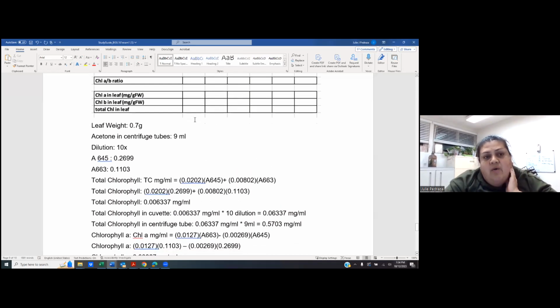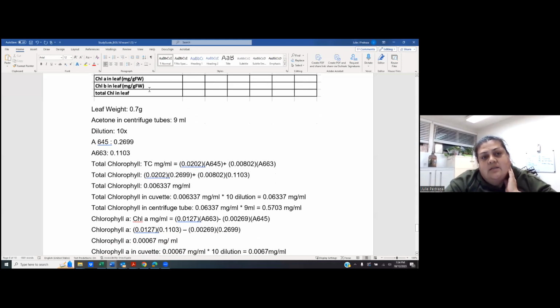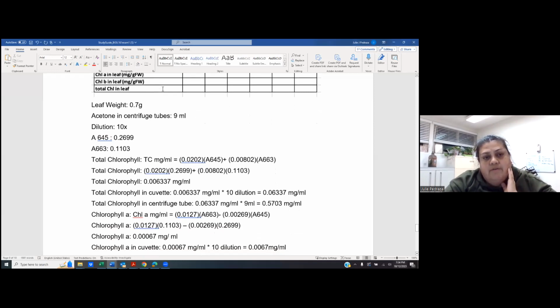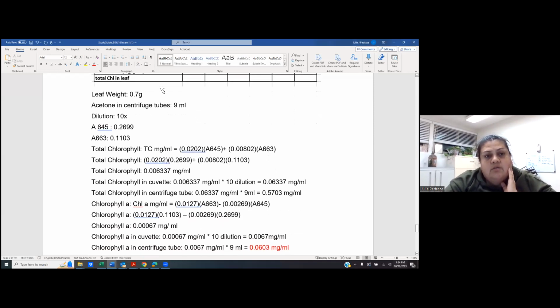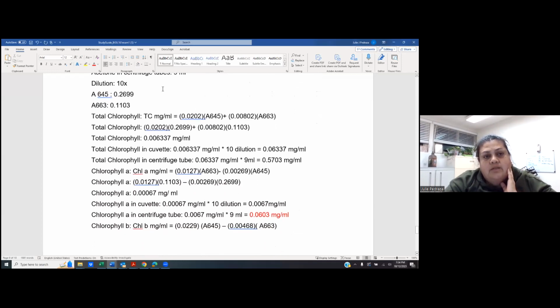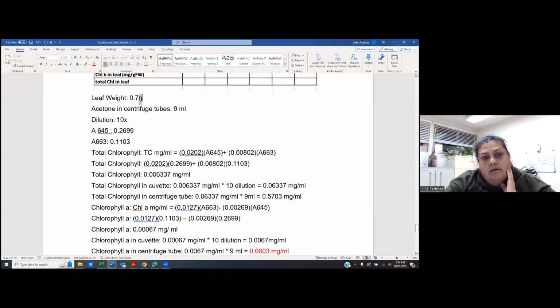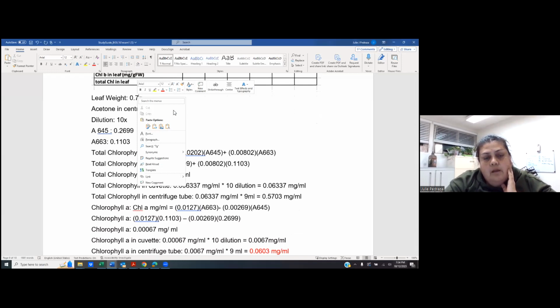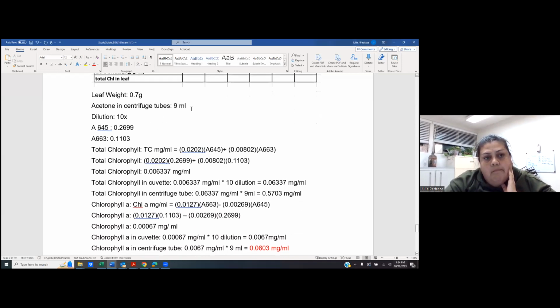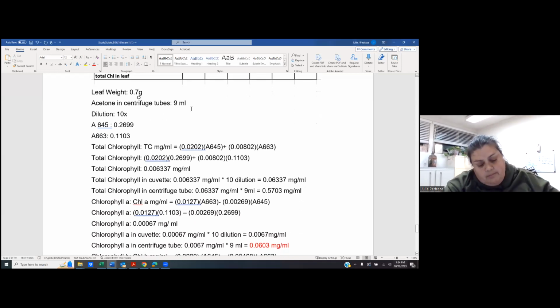And then it now wants you to take that. It wants to find out chlorophyll A, chlorophyll B, and total chlorophyll in the leaf tissue. So our leaf weight was 0.7 grams. It's right here. Write that down.